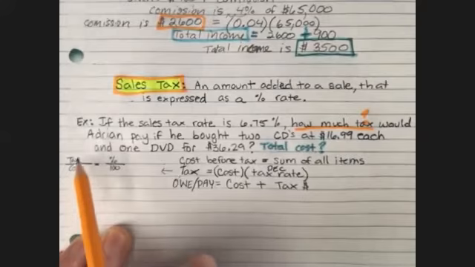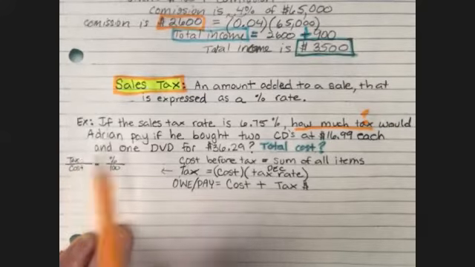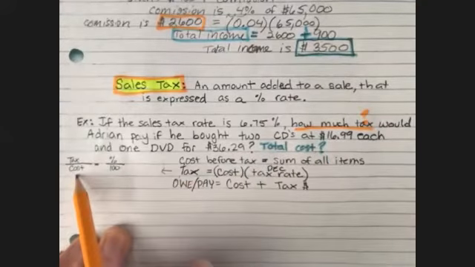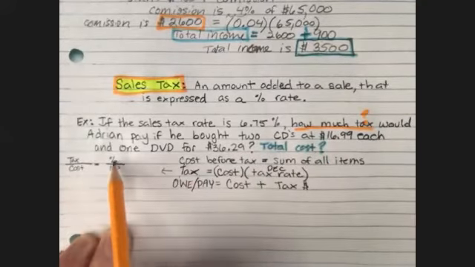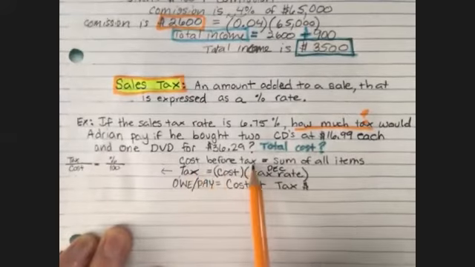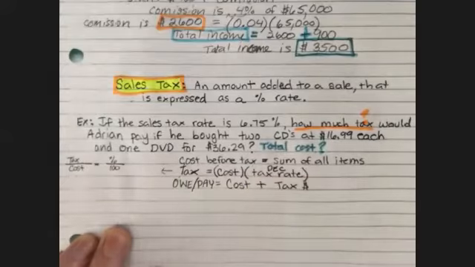So again, your tax is your part, so you can put the X up here, and your cost, you first have to figure out your cost. You have to add up these to get the cost, and then the percent would be 6.75. If you do it with this method, you first need to add up your cost of the items.